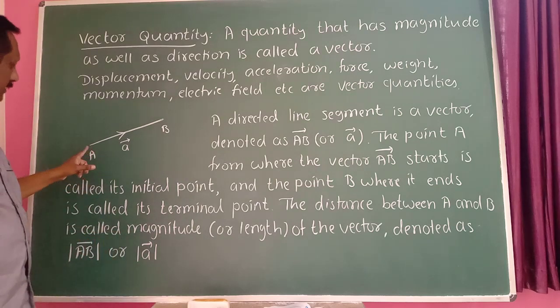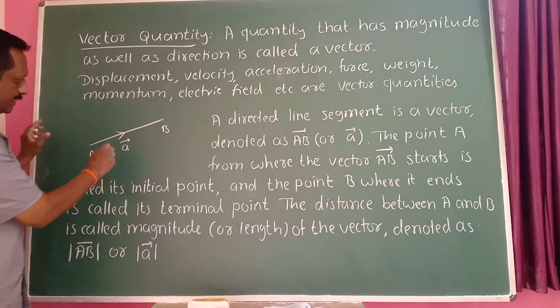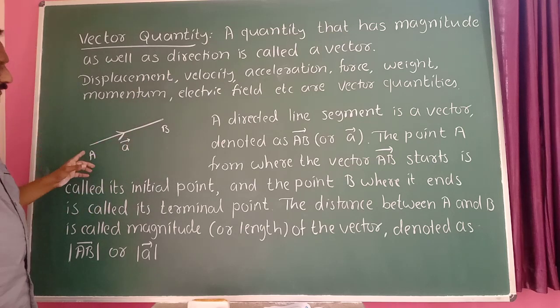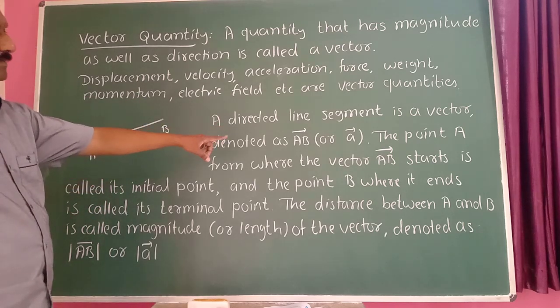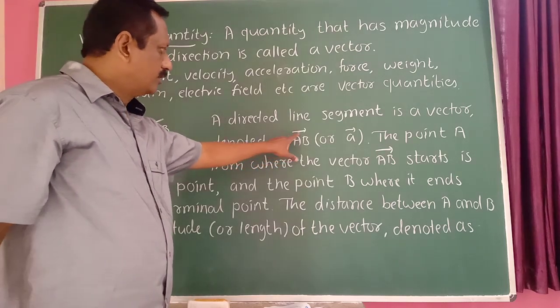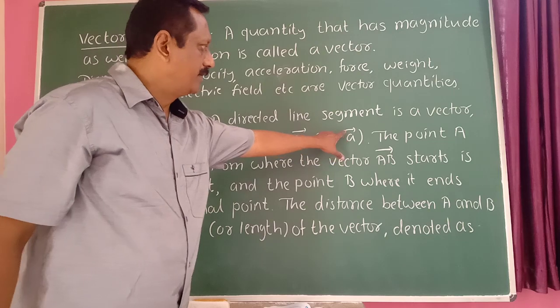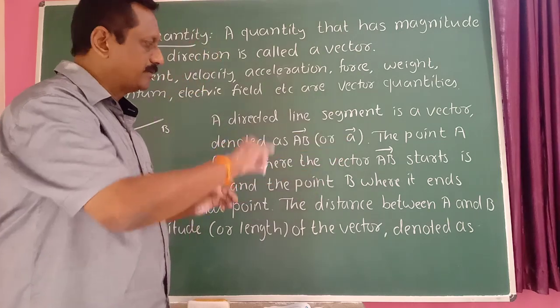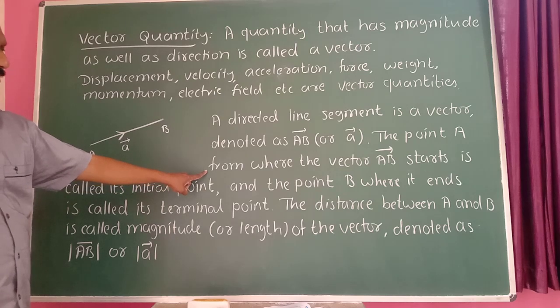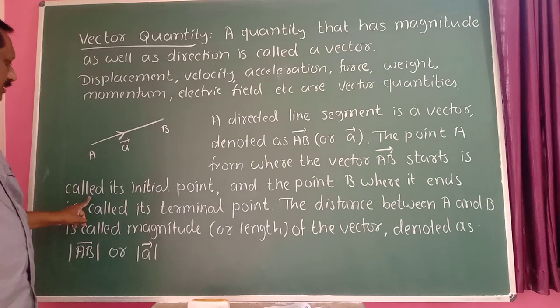So here AB is a vector, and the arrow mark denotes the direction of the vector. A directed line segment is a vector denoted as AB bar, AB with an arrow mark, or a bar. The bar shows the direction of that vector. The point A from where the vector AB starts is called the initial point.